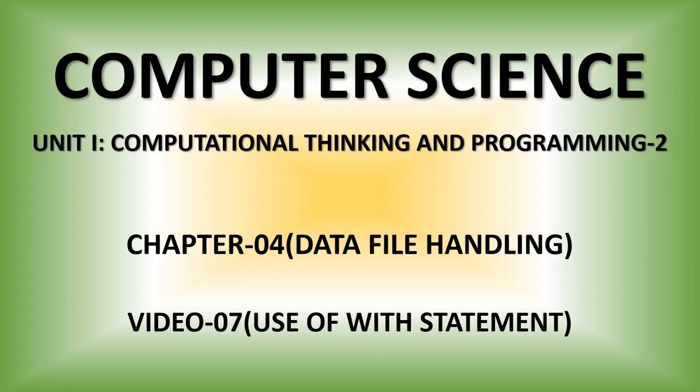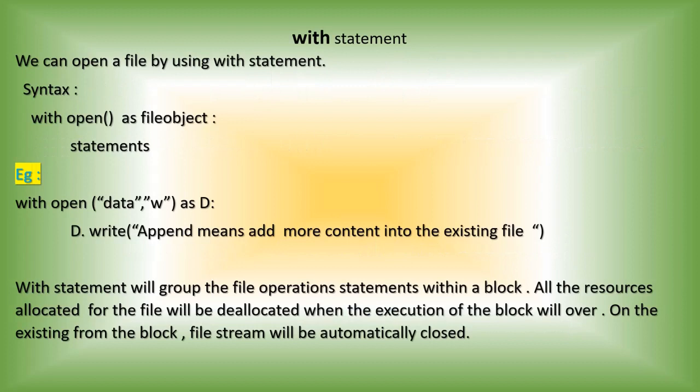The with statement will create a block, and the file operations you can write inside the block. When you exit from that block, automatically the file will be closed. Explicitly, you don't need to close that file by using the close method.